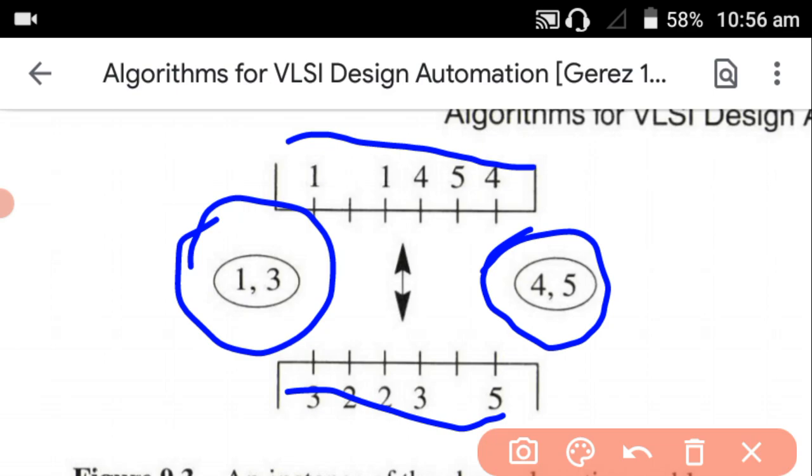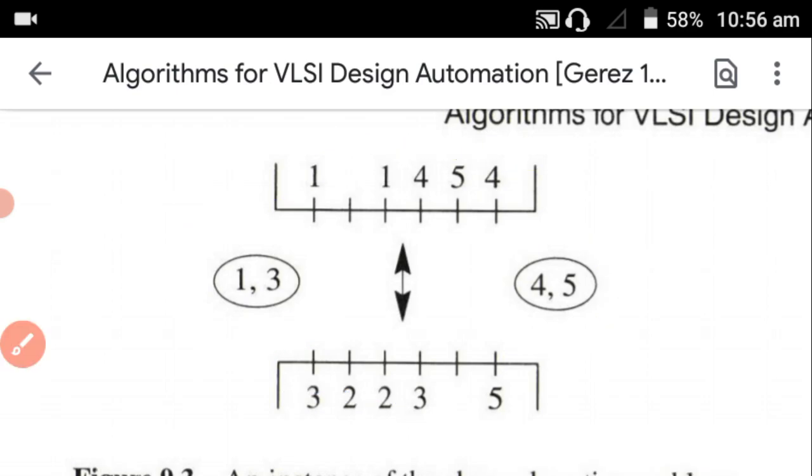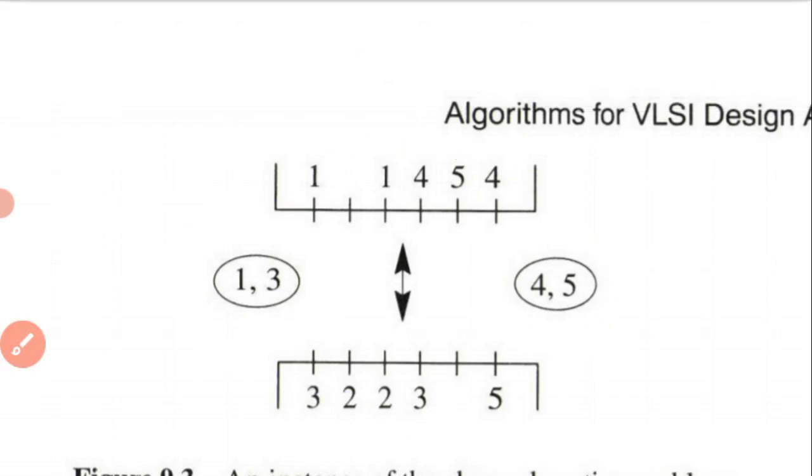Nets that have floating terminals, that is, we are able to change the terminals of those, are placed at the open side, that is the left side and right side. This floating terminal is known to enter the channel on the left side or on the right side.